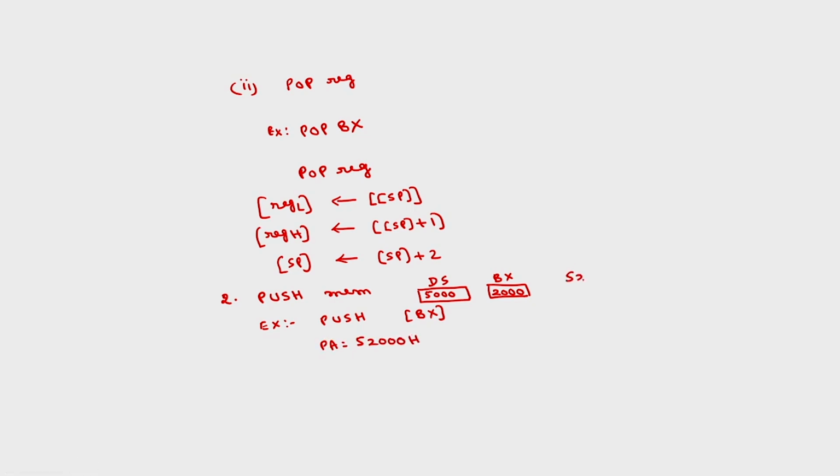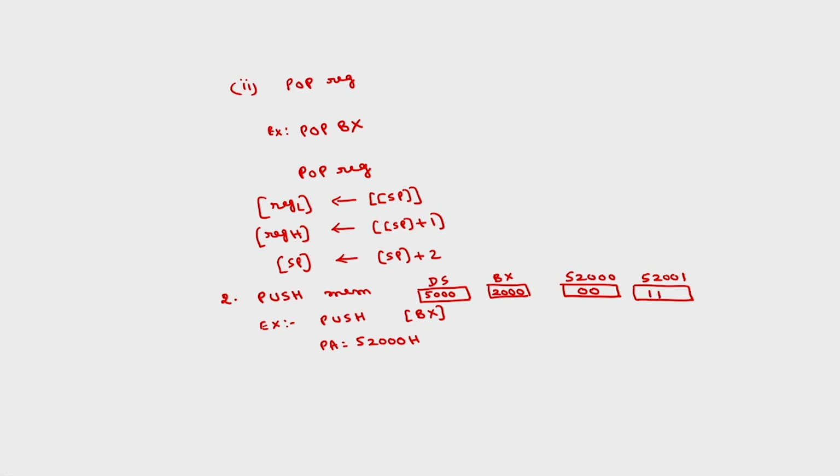Let 52,000 and 52,001 have, say, some 00 and some 11.